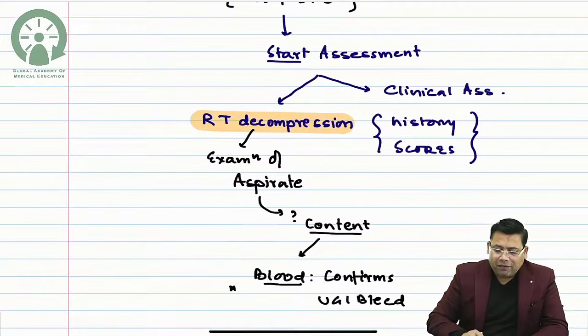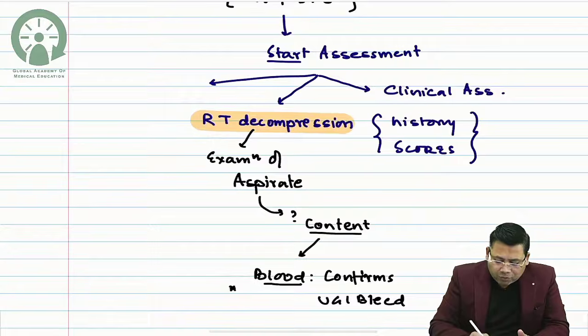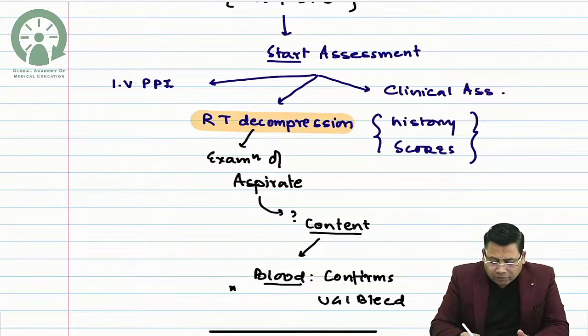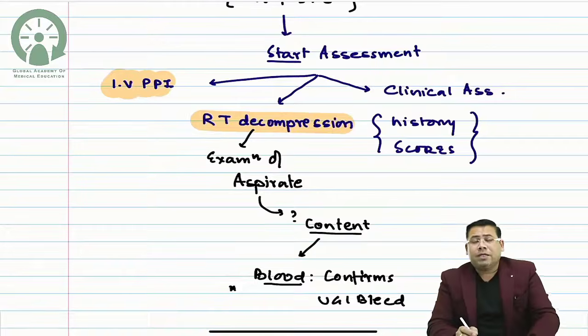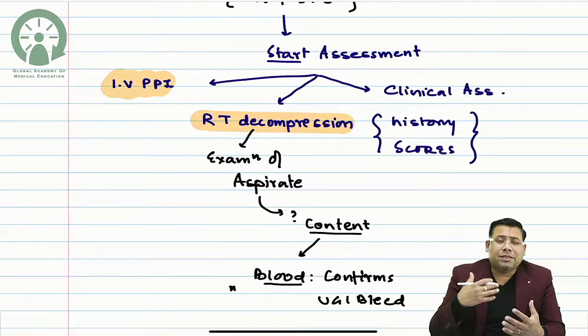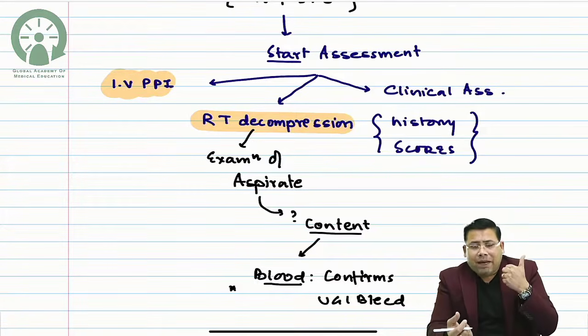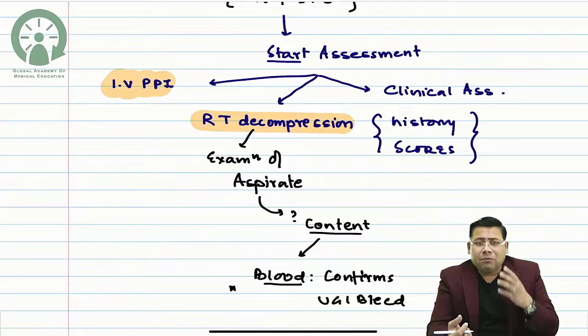Once you have done the basic ABC, you also have to go for IV PPIs. Now, what is the concept of IV PPIs? You will say, sir, every patient is not going to have GI bleed due to peptic ulcer disease. Point number one, acid or peptic ulcer disease is the most common cause of upper GI bleed.